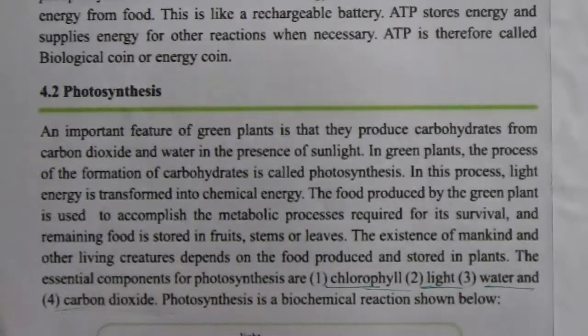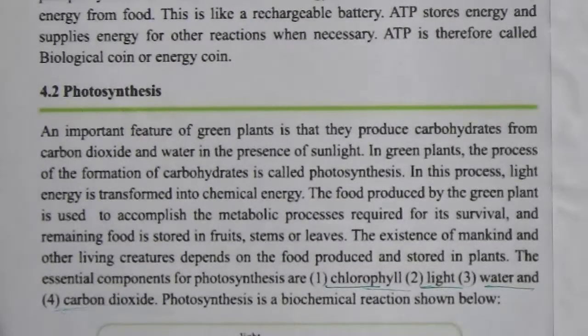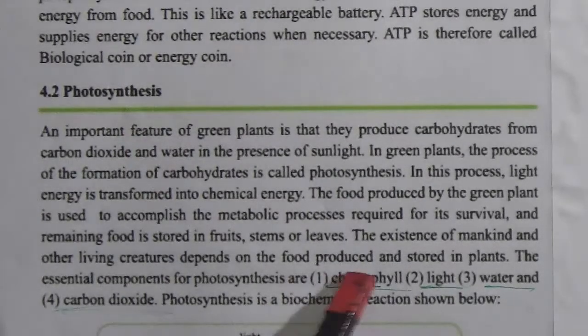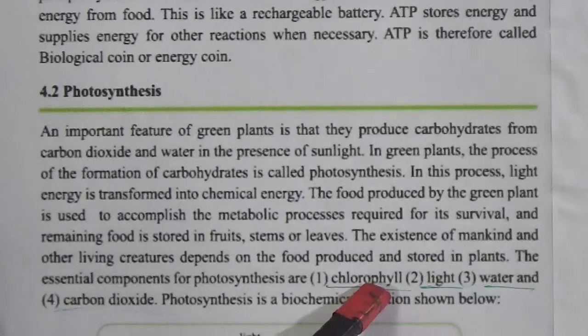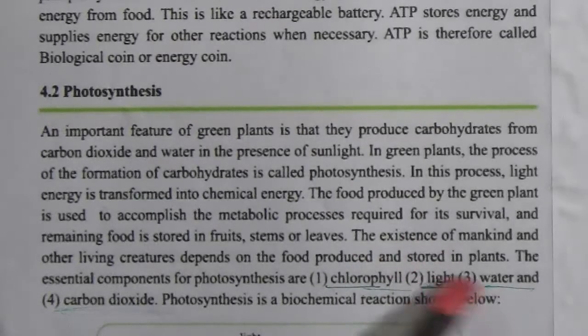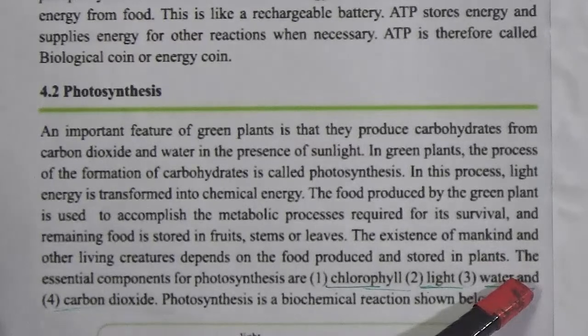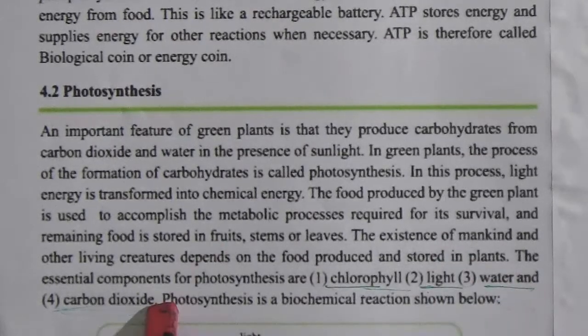Carbon dioxide comes from the atmosphere, chlorophyll is stored in our leaf, light is sunlight, and water is taken from the soil, but that water has to stay in the leaf.